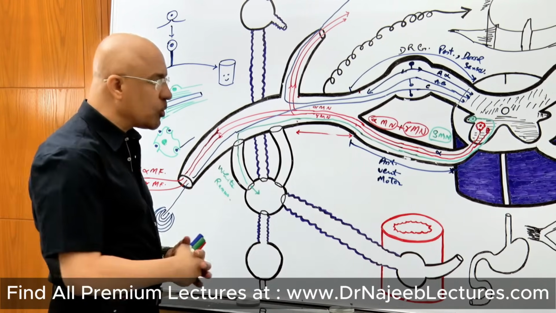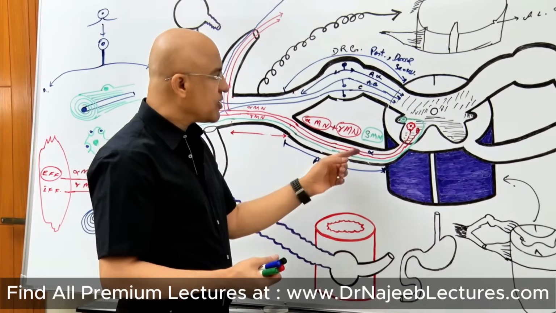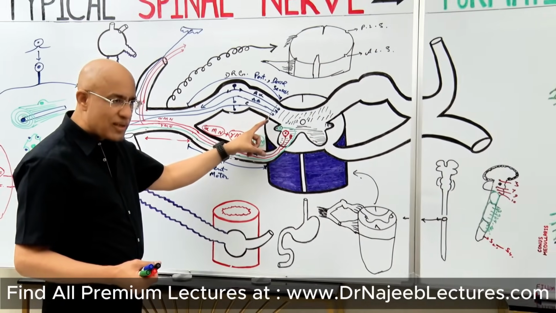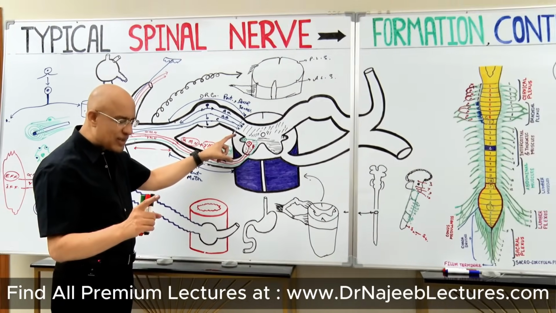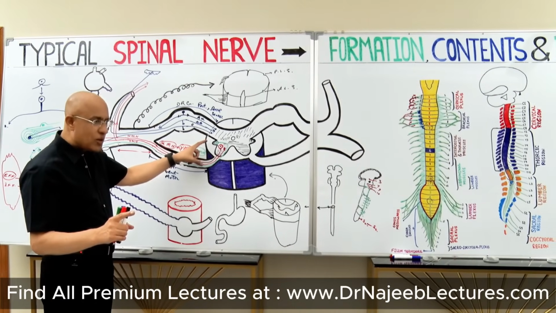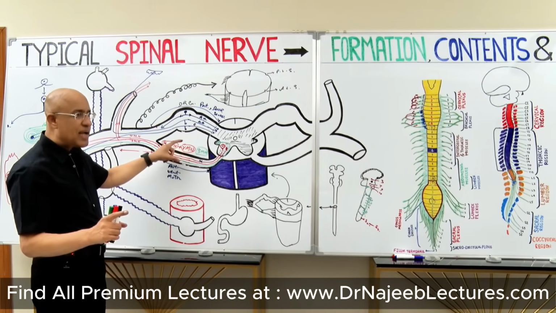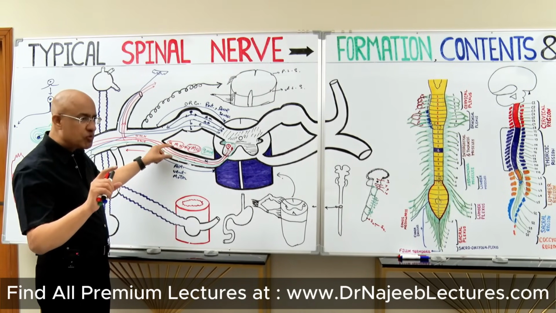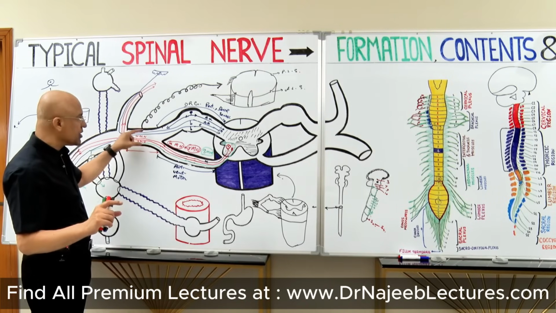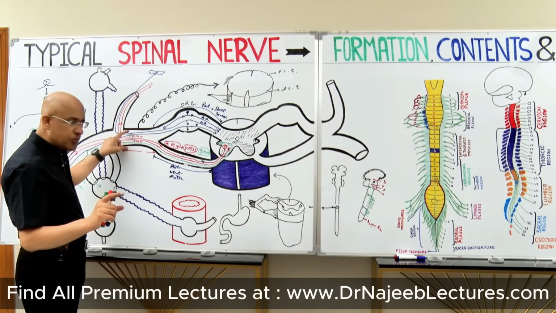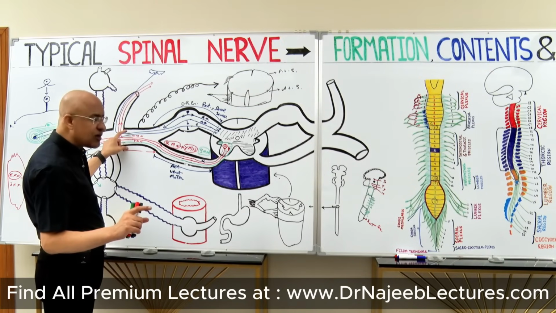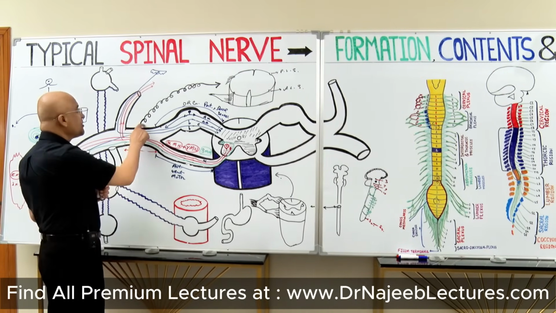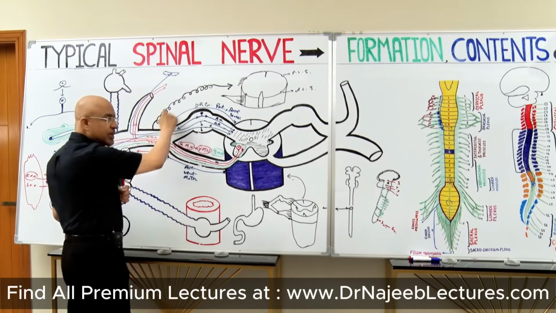Today our discussion was only this: ventral root is motor, dorsal root is sensory, both of them are connected with the spinal cord, and both of them move laterally at the intervertebral foramen, almost around that place, they fuse with each other and give rise to a mixed nerve, which is the typical or classical spinal nerve, or spinal nerve proper, and it gives one very important branch which goes recurrent.